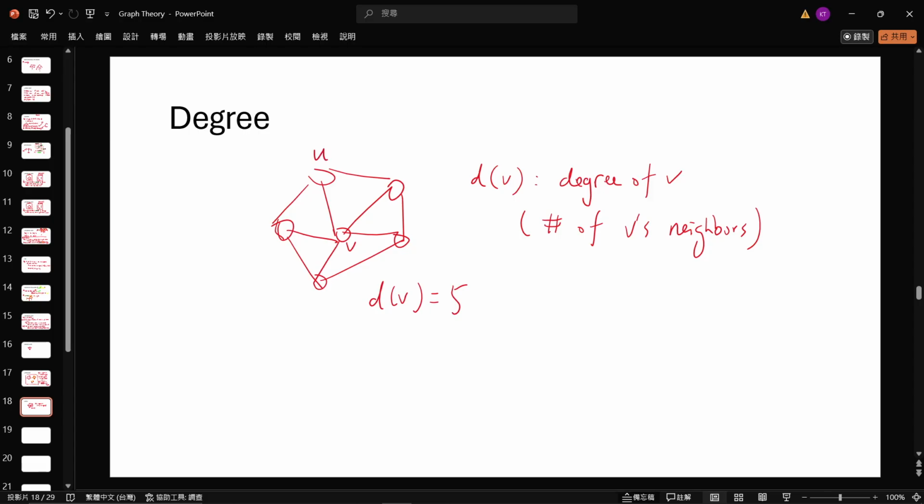And say this is U. For U, the degree will be 3, because U has 3 neighbors. Kind of boring but simple. Just count the number of neighbors.